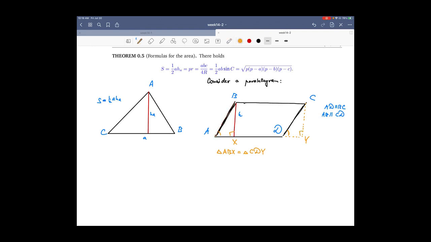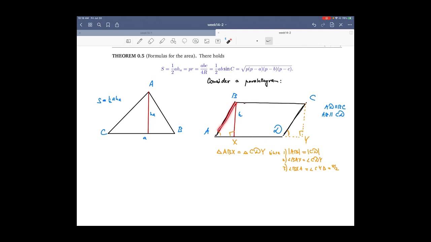AB equals CD. Now, from the equality of these two triangles, it follows immediately that the area of this parallelogram simply is the area of this rectangle.